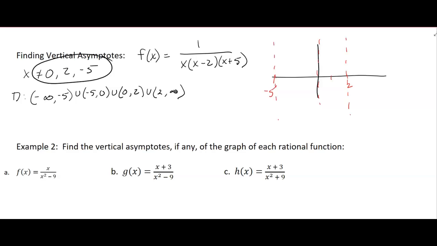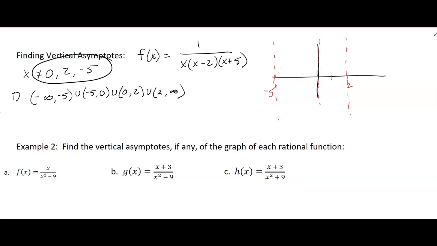So the zeros of the denominator, that's where your vertical asymptotes are. So for vertical asymptotes, VA, maybe I should say vertical asymptotes. Well, anyway, you know what I mean.